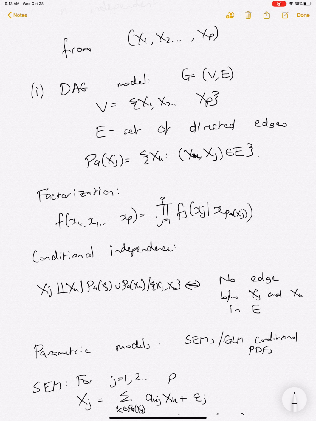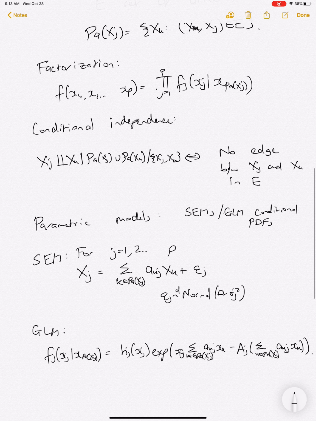If they're dependent, then there would be an edge between them, and that's the way to connect the graph structure to the conditional independence. We saw a couple of examples of that in the previous few lectures.